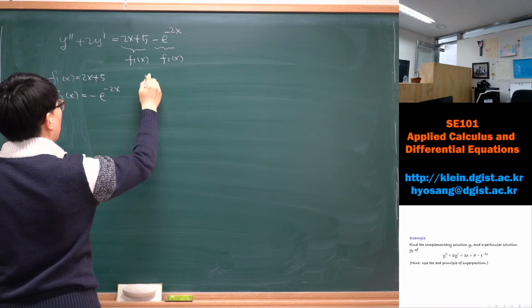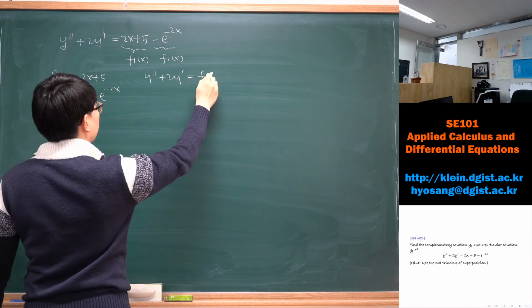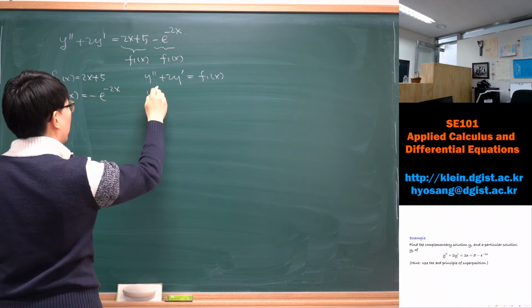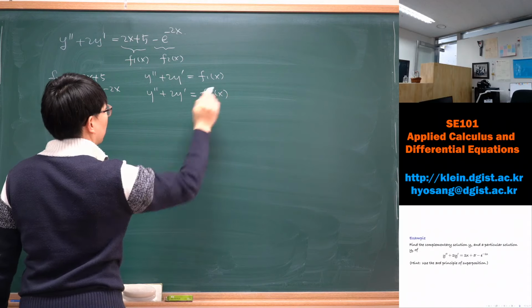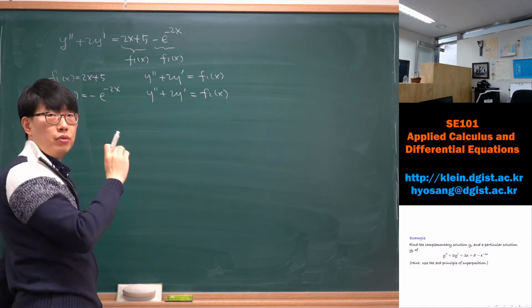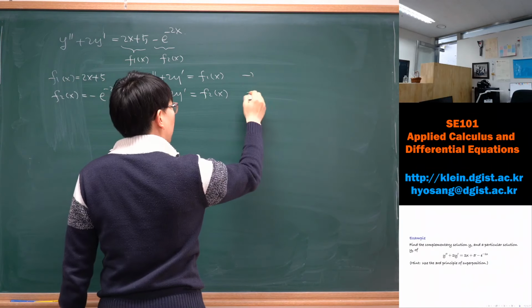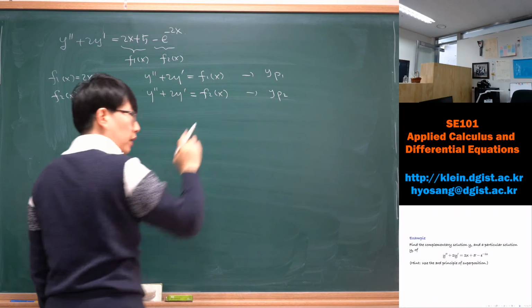One is y double prime plus 2y prime equals f1(x), and y double prime plus 2y prime equals f2(x). Now, suppose that we solve these differential equations separately and find a particular solution for each.